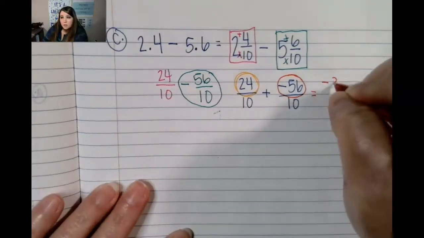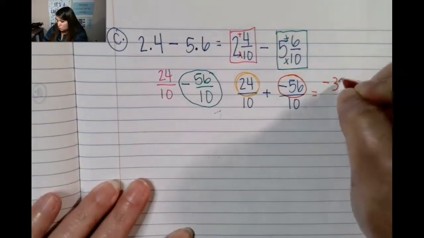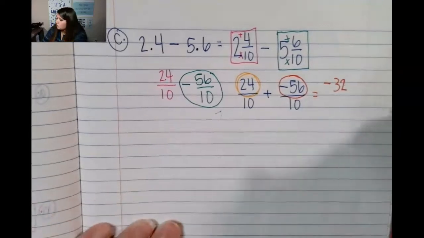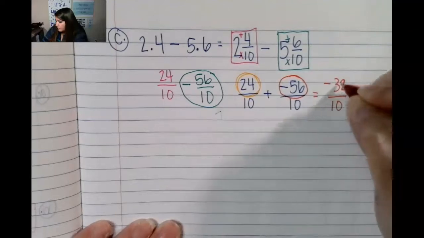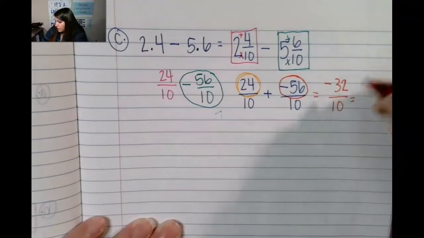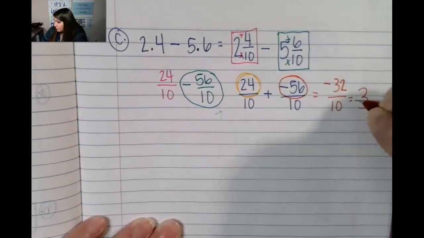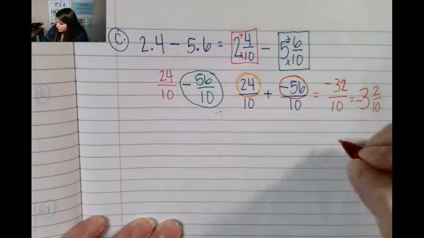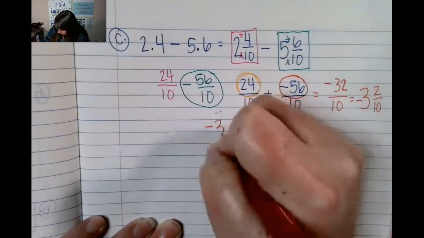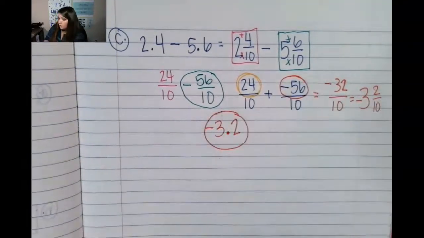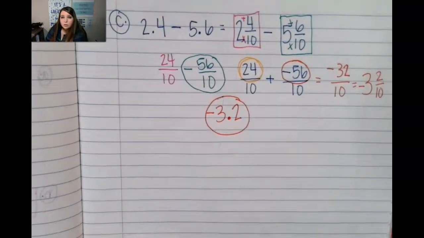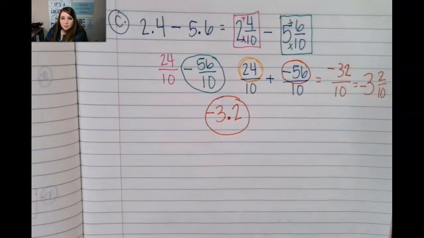That equals negative 32. And I put that over 10. So that gives me 32 divided by 10 is negative 3 and 2/10, or negative 3.2. Negative 3.2. Putting it back into decimal form.